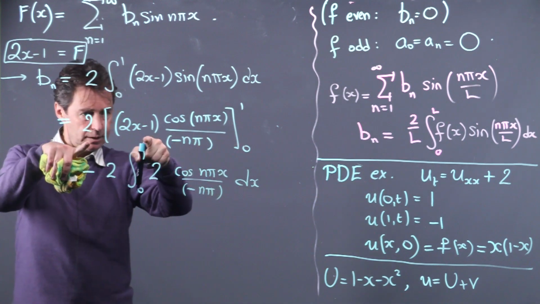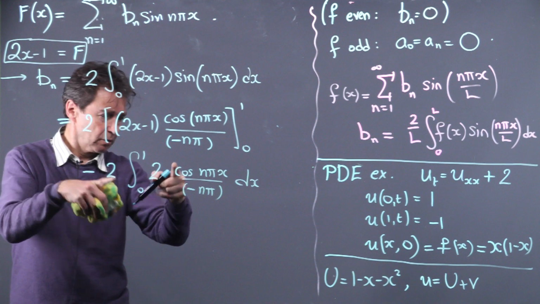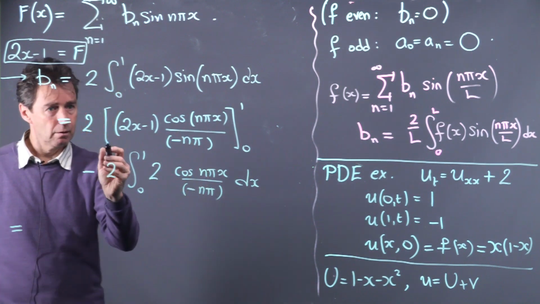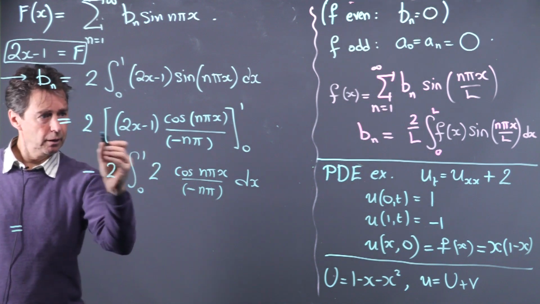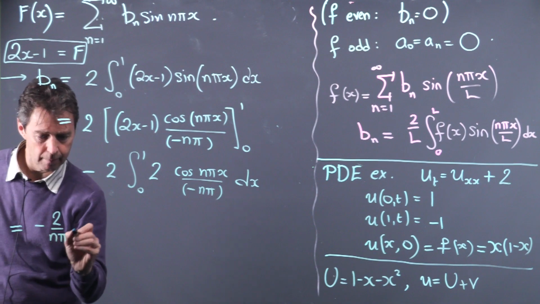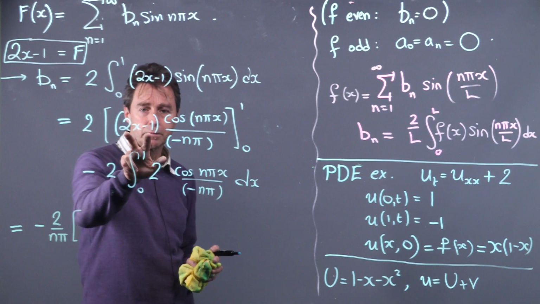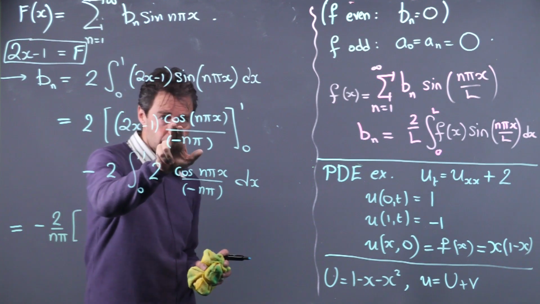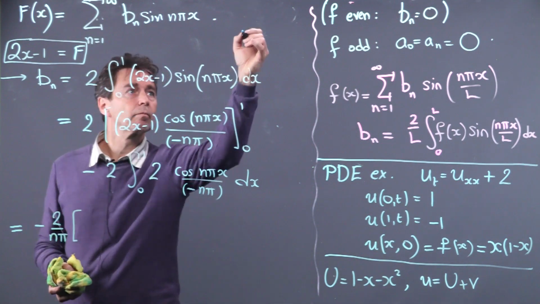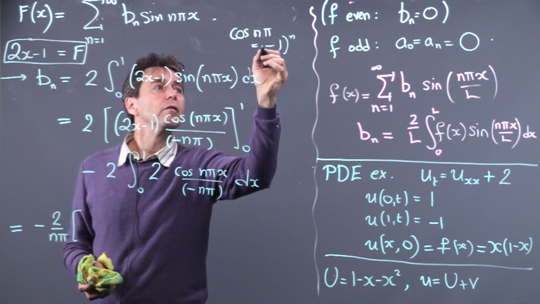I can feed in the limits there to give me something. And here, I can just do the integral now, because that's a single cosine. The integral of a cosine gives me a sine. So let's record everything. From here, I'm going to get minus 2 over n pi into, putting the top limit in there, well, that becomes 2 minus 1, 1. And then I get a cosine of n pi. And the cosine of n pi is minus 1 to the n.